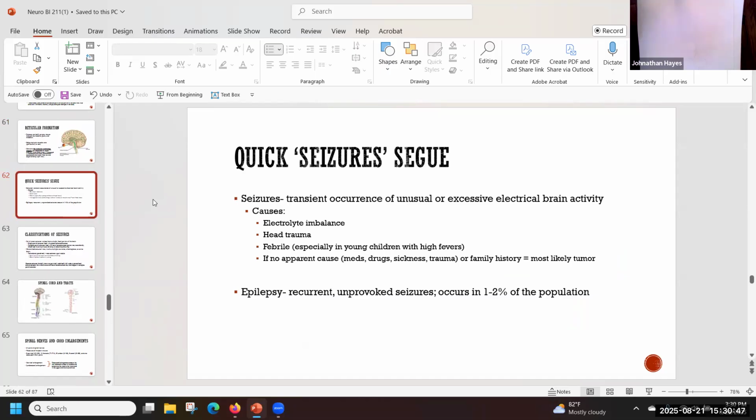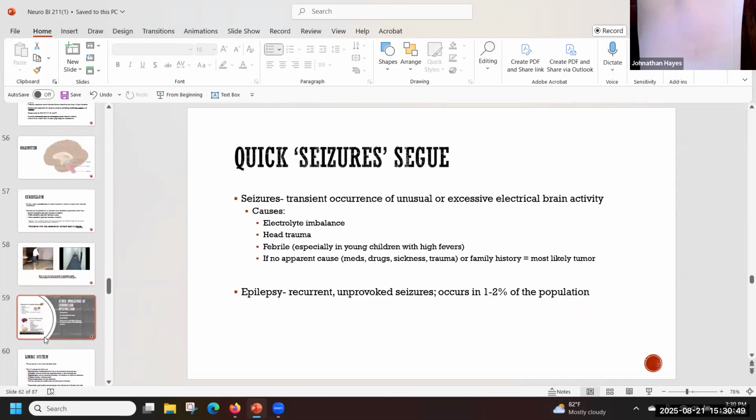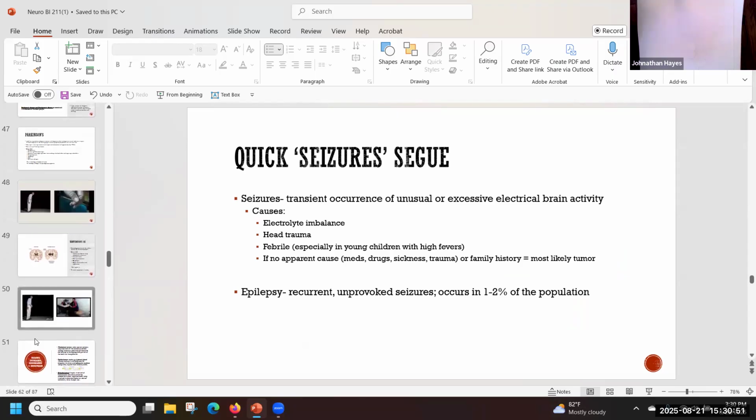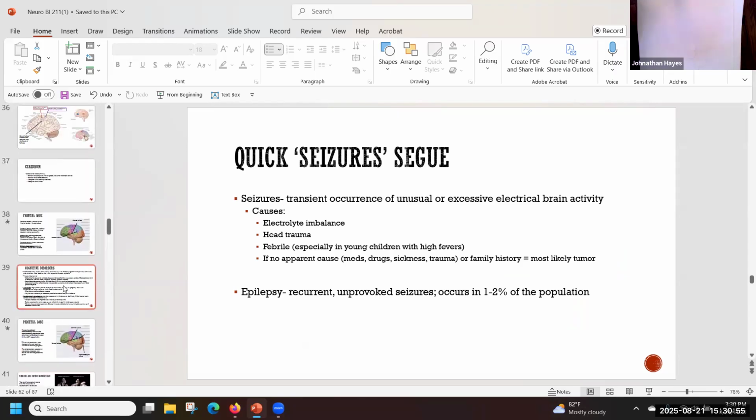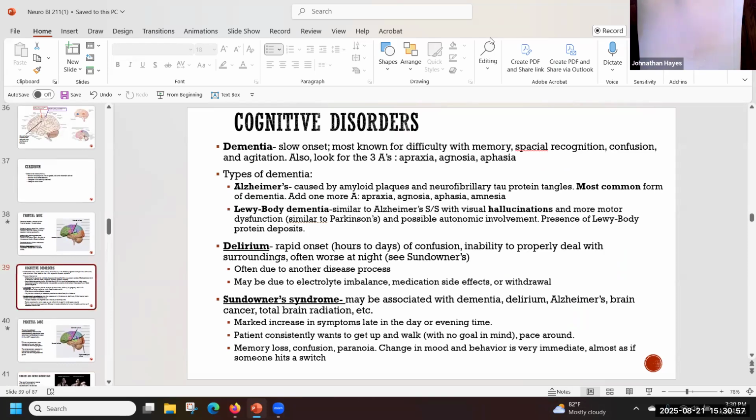Before we get into seizures, let me go back up real quick, because we just mentioned cognition, and one thing I did skip over were some of the cognitive disorders. Cognition, kind of think about this as higher thinking, reasoning, planning, logic. These are things that occur in our prefrontal cortex.